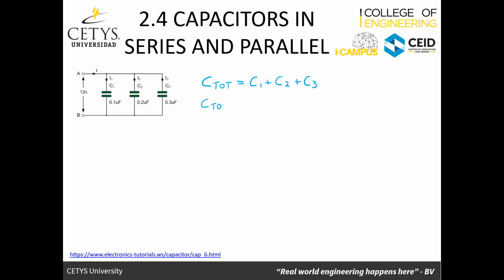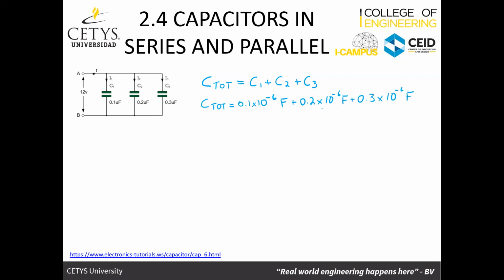So the total capacitance is going to be equal to, remember this U means micro, which is times 10 to the minus 6, 0.1 times 10 to the minus 6 farads plus 0.2 times 10 to the minus 6 farads plus 0.3 times 10 to the minus 6 farads.